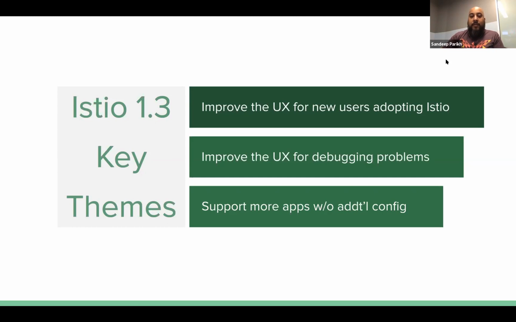How do we improve the user experience for debugging challenges that do come up with Istio, with configuration? There's still a large API surface, so a lot can happen. We want to make sure that we give you all the tools that you need to debug those problems. And then we wanted to focus on how do we support more applications without having to update configuration or without additional configuration altogether. Those were the three key themes for Istio 1.3.